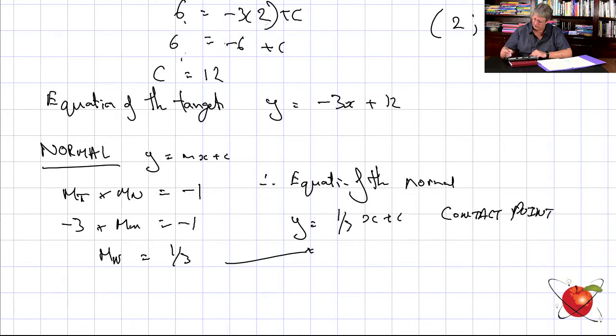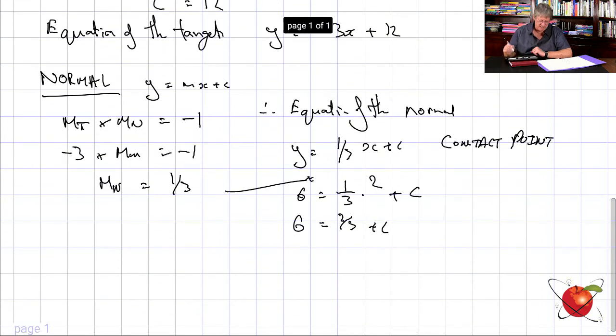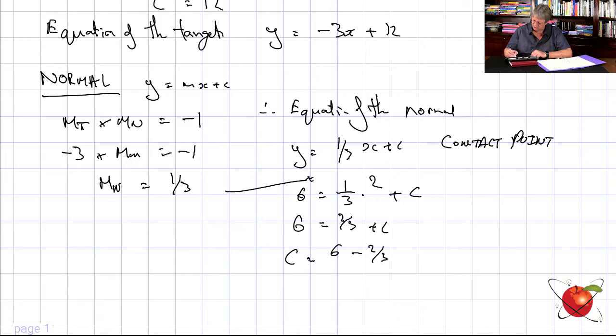Correct? I use the contact point and say, therefore, y = 6 is equal to 1/3 times 2, divided by, plus c. So that's going to be 6 equals 2/3 plus c. And you can see these generally end up as a fraction. So c is going to be equal to 6 minus 2/3.